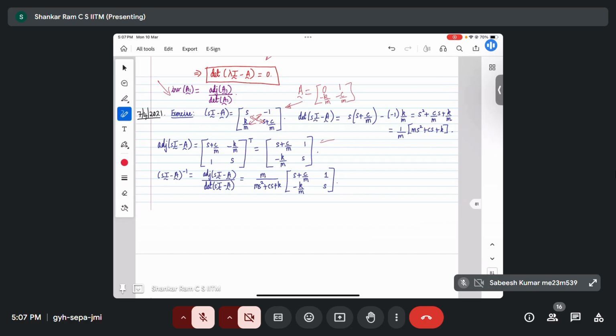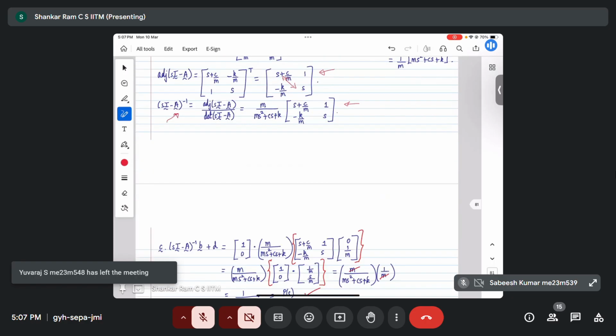So the adjoint comes out to be this. An easy way of remembering the adjoint for a 2 by 2 matrix is that we swap the diagonal terms and multiply the off-diagonal terms by minus 1. And the inverse is adjoint divided by determinant. So we get the inverse here.